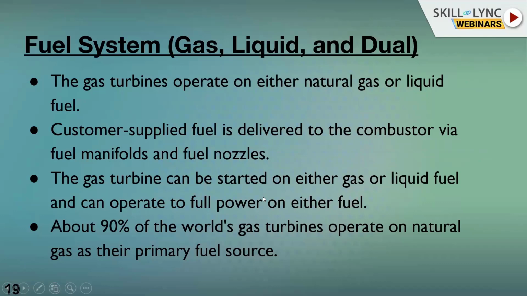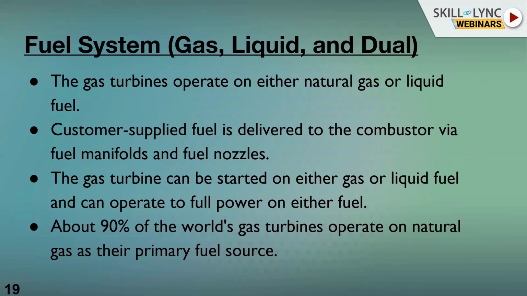The gas turbine can be started either on gas or liquid and can operate to full power on either fuel. There are a lot of times where you want to start your unit on liquid fuel, because it can start generating power at a faster rate than a unit running only on gas.